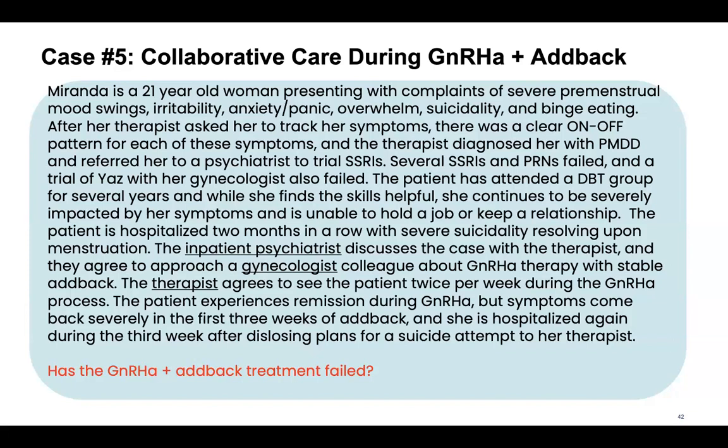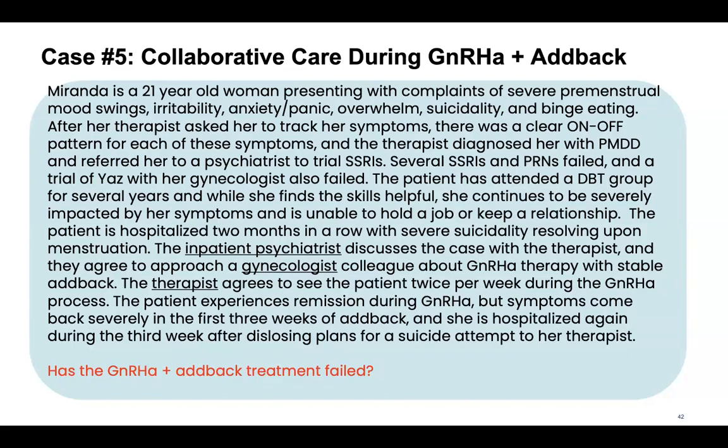The patient is hospitalized 2 months in a row with severe suicidality resolving upon menstruation. So the inpatient psychiatrist discusses this case with the therapist, and they agree to approach a gynecologist colleague about GnRHA therapy with stable add-back. The therapist agrees to see the patient twice per week during the GnRHA process.